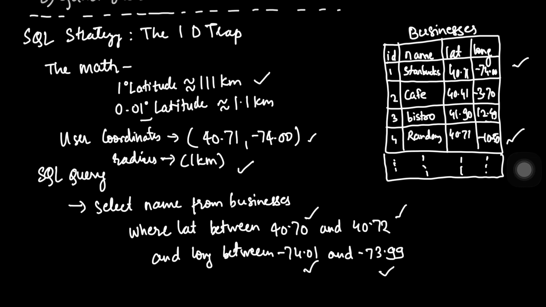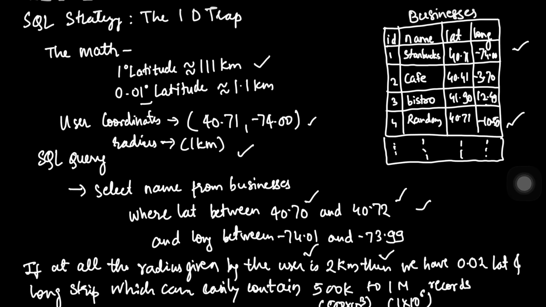That means first our database would have filtered out all the latitudes which are in this particular range, and after that we are again filtering out the longitudes. So if you see, this is an order of n complexity problem, where we have to scan the whole database and then get all the businesses which are within the given search radius.